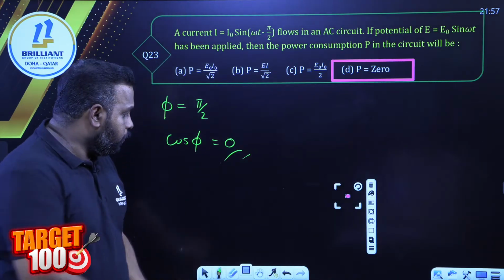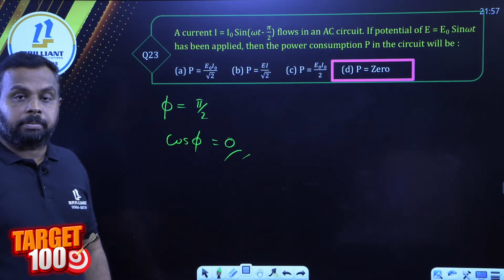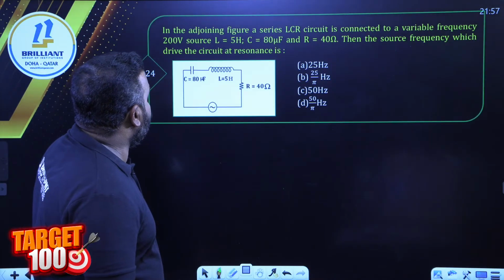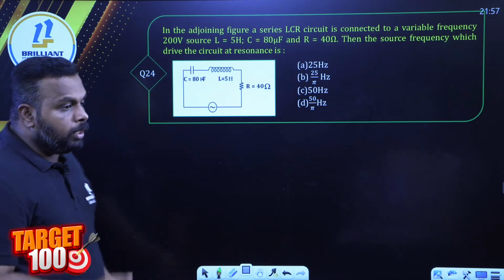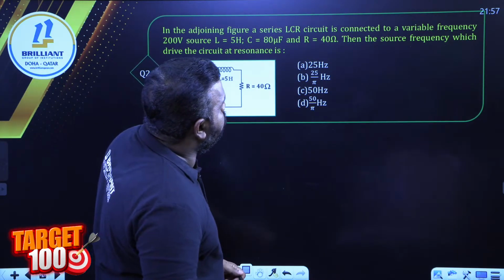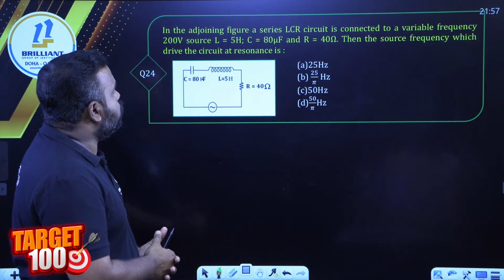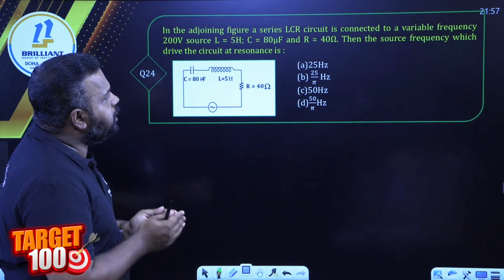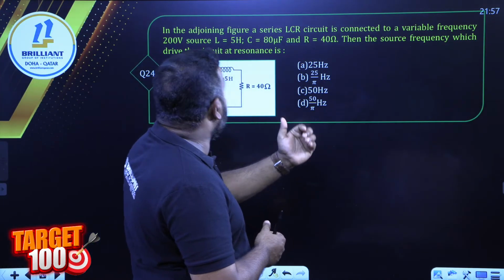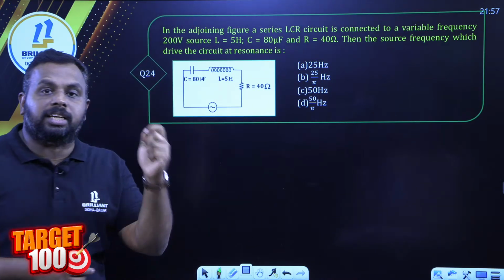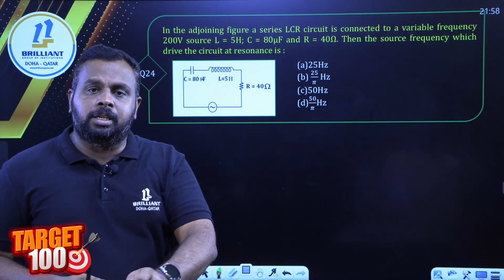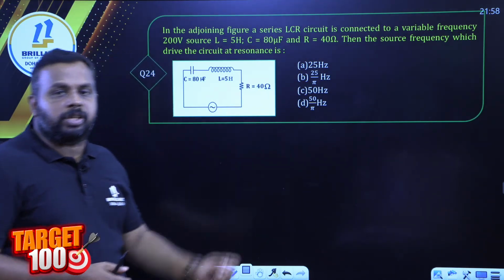So power is another important topic from this chapter. Please study the formula for power. I am going to the next question, number 24. Check this. In the adjoining figure, a series LCR circuit is connected to a variable frequency 200 volt source. L is equal to 5 Henry, C is equal to 80 microfarad and R is equal to 40 ohm. Then the source frequency which drives the circuit at resonance, my dear students, is nothing but the resonance frequency.